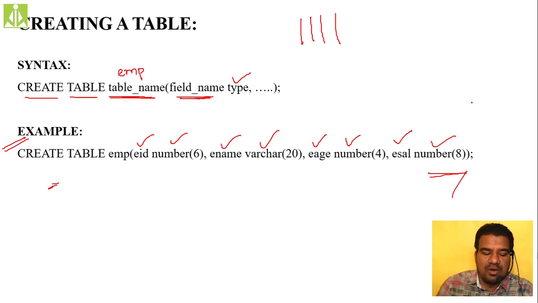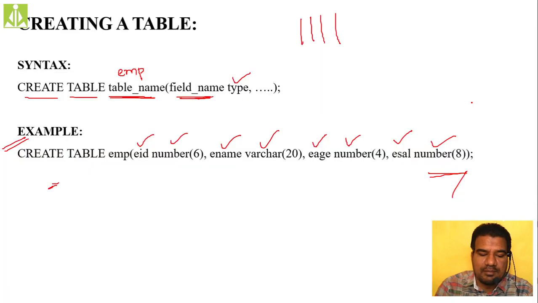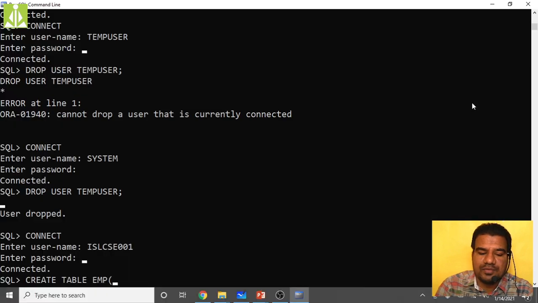So quickly see how this command will work over here. So inside the user ISLCS is 001. Now I am creating my user. So create table, name is what I said, employee. Okay, employee followed by, okay, of EID number of 6, isn't it?